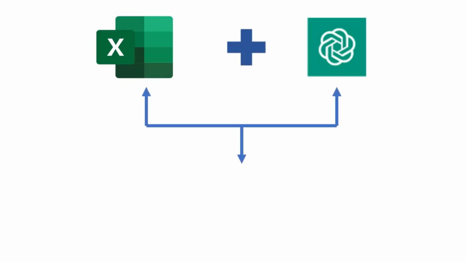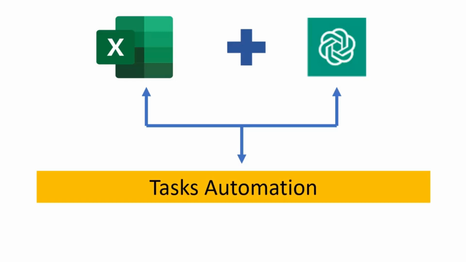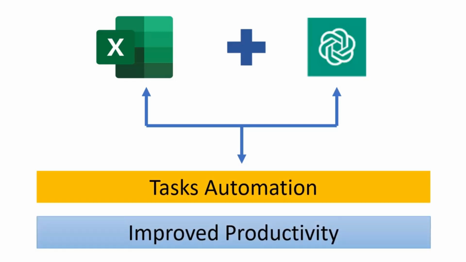MS Excel with AI GPT capabilities together becomes a powerful tool which can promote automation of tasks and improved productivity. This add-in enables inbuilt AI functions that can help with all the use cases which we will discuss in this session.